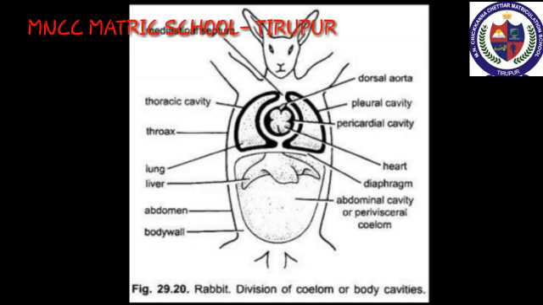The body is divisible into thoracic cavity and abdominal cavity, separated by a transverse partition called the diaphragm. Lungs and heart lie in the thoracic cavity, whereas the abdominal cavity encloses the digestive and urinogenital systems.